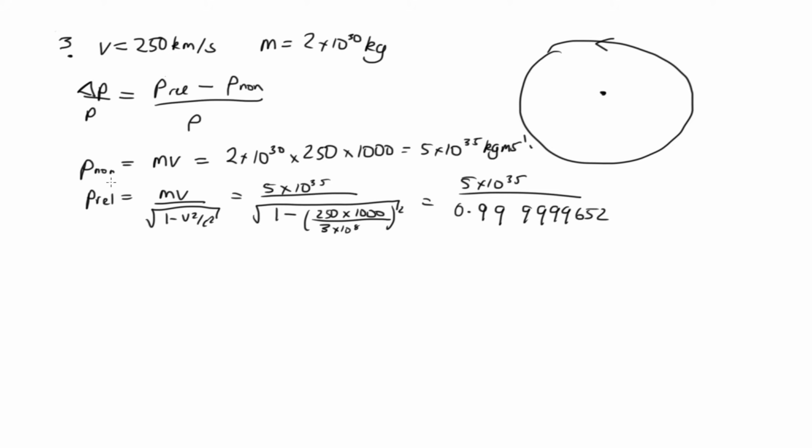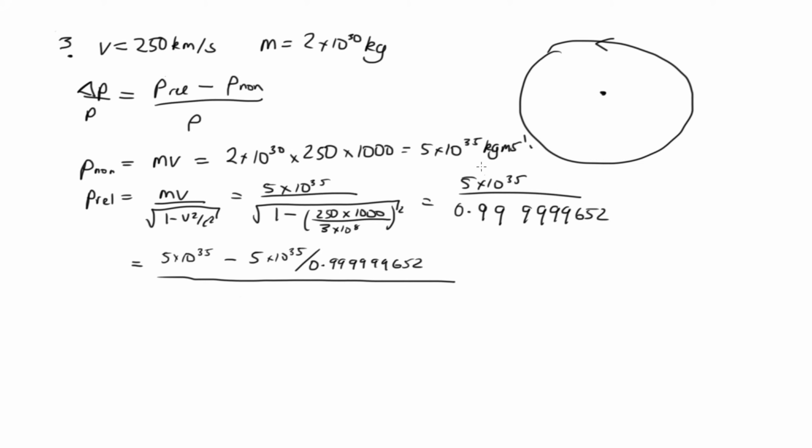Okay, so now we've got expressions for these. So now we're just going to put everything back in here. So we end up with 5 times 10 to the 35 minus 5 times 10 to the 35 over 0.999999652, over mv.